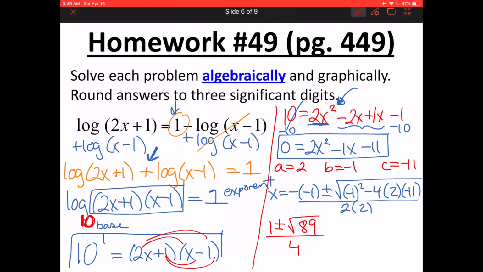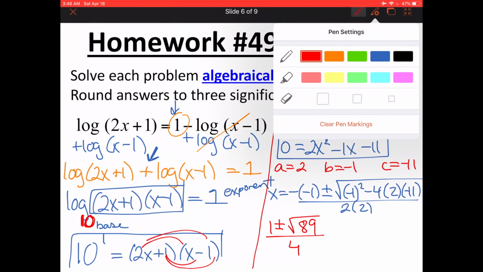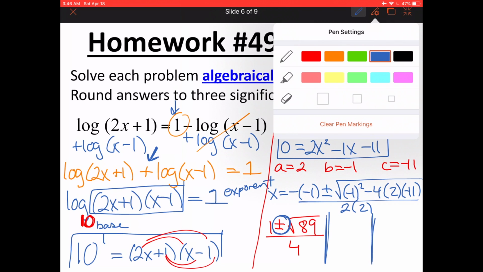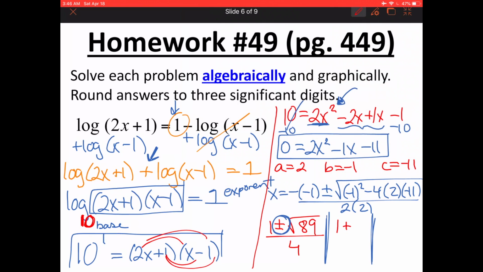Again, it looks much, much simpler now. So I'm just going to break this up into two answers. Okay? My first one is going to be 1 plus the square root of 89 over 4. My second one is going to be 1 minus the square root of 89 over 4. All right? And so once I do that, I'm going to put my answers here at the top.